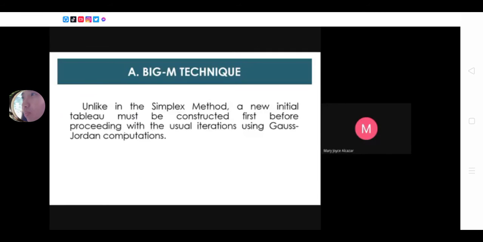Unlike in the simplex method, a new initial tableau must be constructed first before proceeding with the usual iterations using the Gauss-Jordan computations.